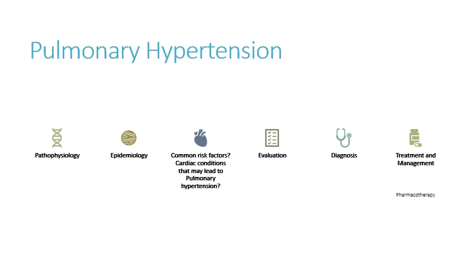So treatment and management: when you establish the diagnosis of pulmonary hypertension, again, it's a referral, and I don't want you to focus on that, but there are certain medications that still play an important role in management of pulmonary hypertension, such as sildenafil.